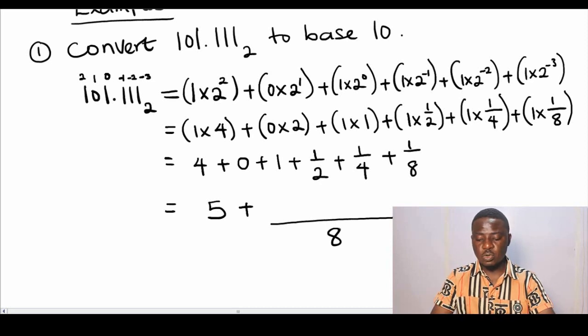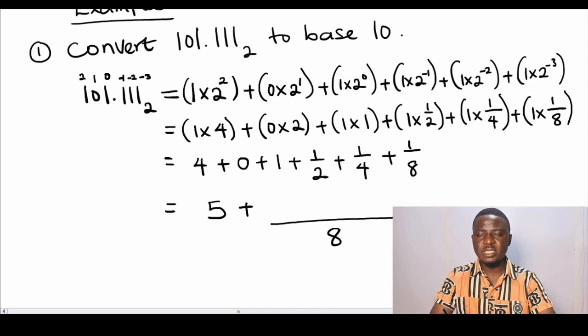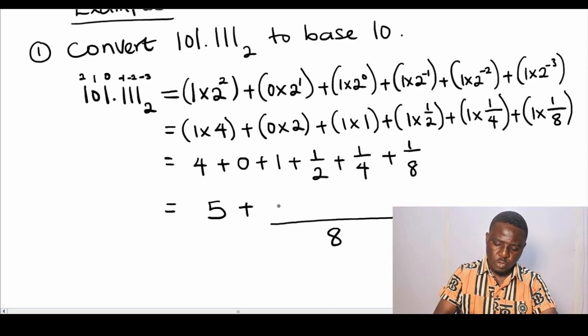To get a new numerator for this expression, I'm going to divide the new denominator, which is 8, by each of the old denominators and multiply by the old numerators. That is, 8 divided by 2 is 4, and 4 times 1 is 4.